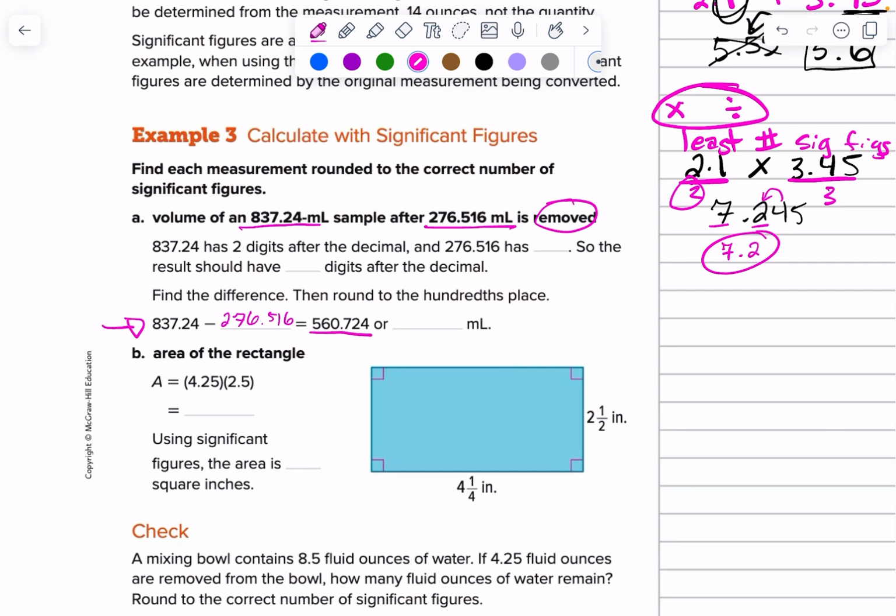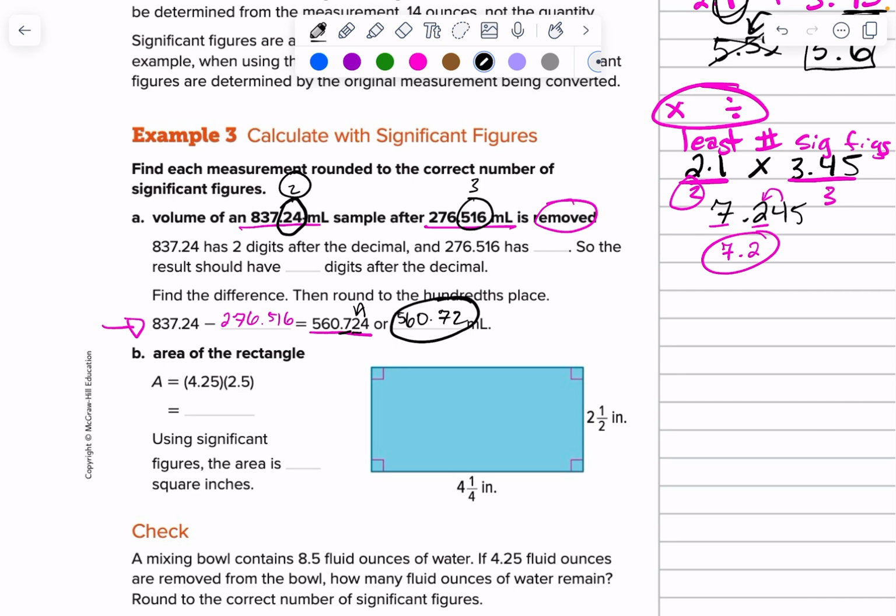But adding and subtracting, the rule is we want the least number of decimals, right? So this one has 2 decimal places, this one has 3 decimal places. So I'm only allowed to carry 2 decimal places, 1, 2. That 4 is going to make that 2 stay as a 2, so it's going to be 560.72. It's going to stay like that in milliliters, all right?